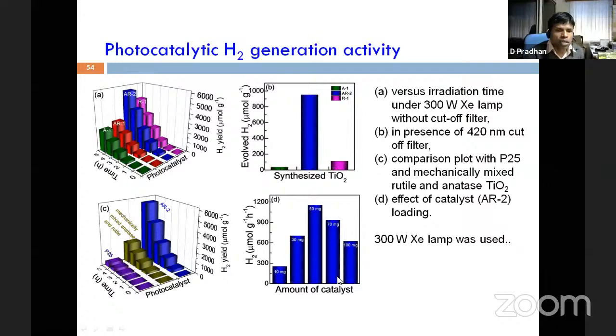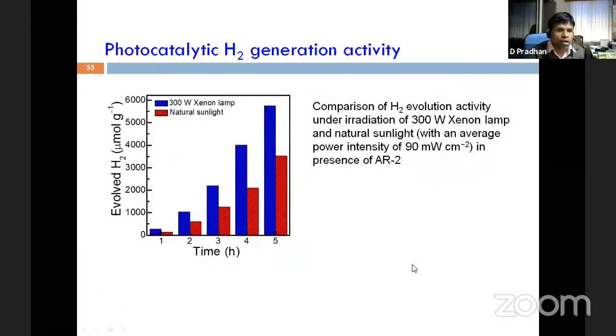In all these cases, we have also done several other studies, including different amounts of catalyst and different types of sacrificial agent, and we have measured in other conditions such as natural light. Here you see that natural light also gives quite good performance for hydrogen generation. We also measured the intensity of the natural light, which was around 90 milliwatt per centimeter square, compared to the artificial xenon lamp used inside the lab, which has 100 milliwatt per centimeter square, a little higher.